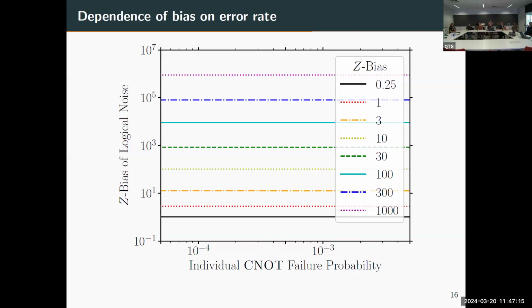So hang on, this is telling me that if I have a particular bias in the physical error on the CNOTs, the Z bias of the logical noise is amplified, it's bigger. Yes, and this is something you'll generally see.